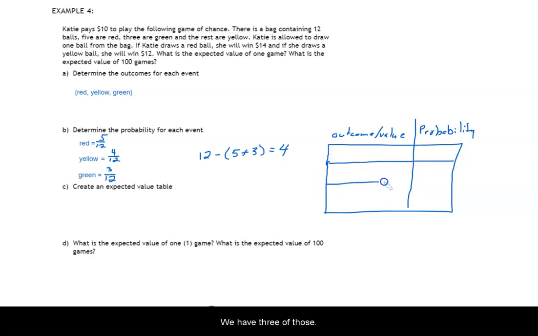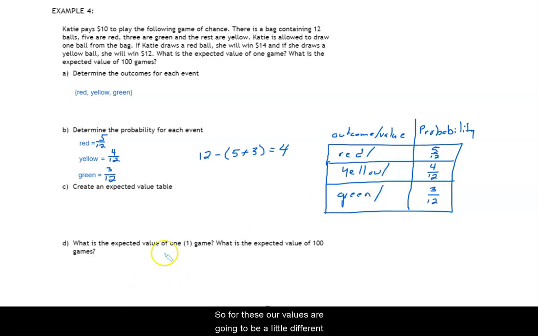We have 3 of those. So red, yellow, green. I'm going to come back in and fill in the values in just a minute. So I'm going to go ahead and put in my probabilities. 5 over 12 for red, 4 over 12 for yellow, and 3 out of 12 for green.